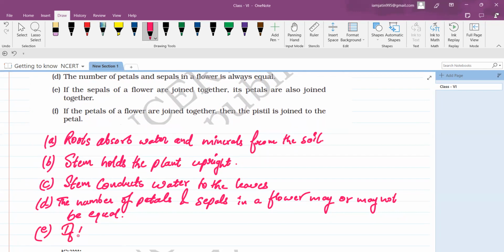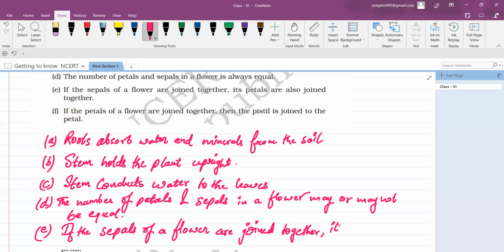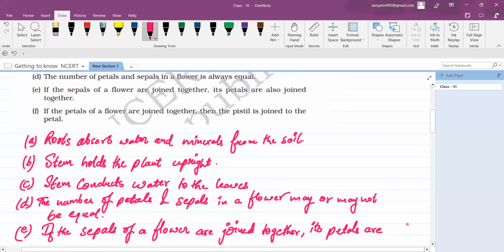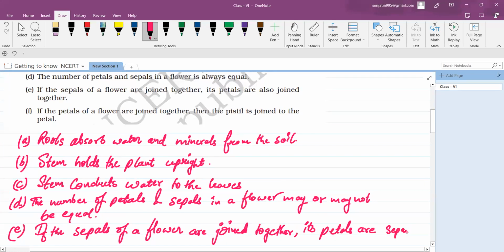We can say that if the sepals of a flower are joined together, then its petals are separate. This is the correct statement.